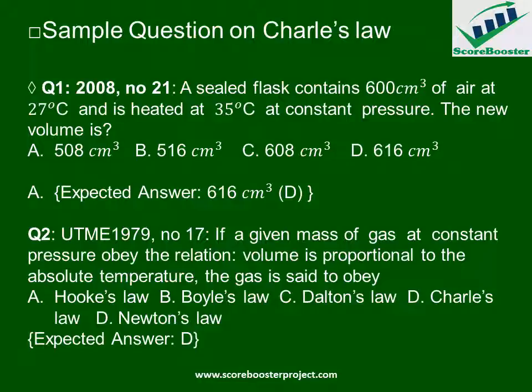The new volume is dash. Option A is 508 cm cube, option B is 516 cm cube, option C is 608 cm cube, while option D is 616 cm cube. Now the expected answer here is option D, which is 616 cm cube.